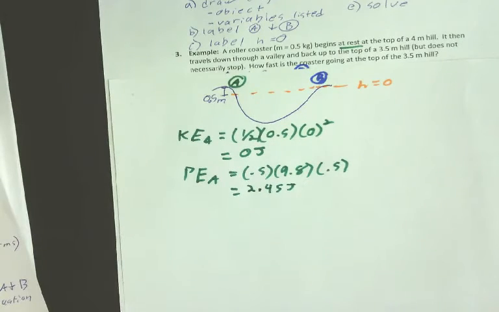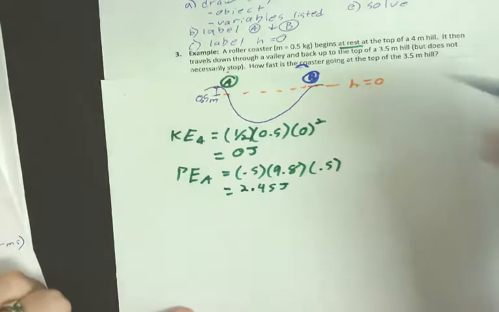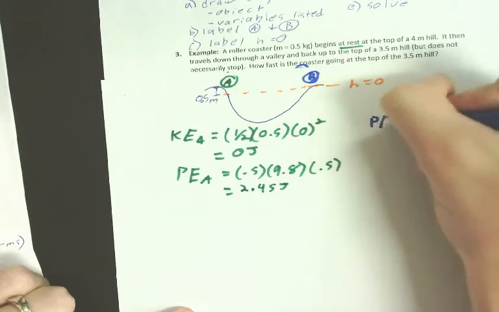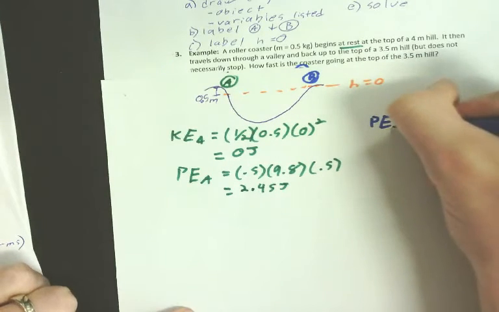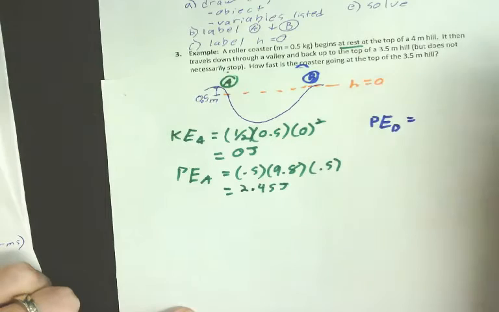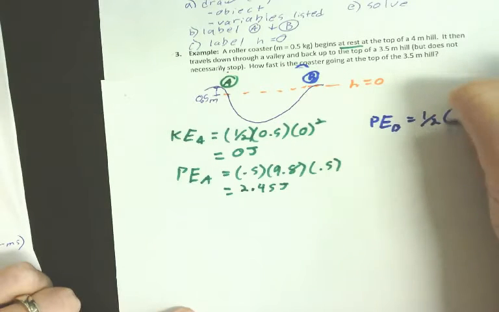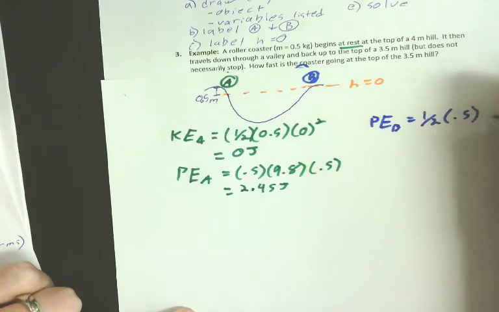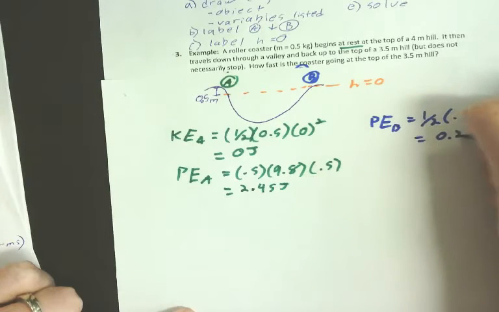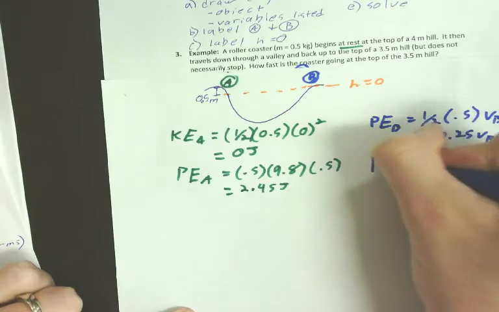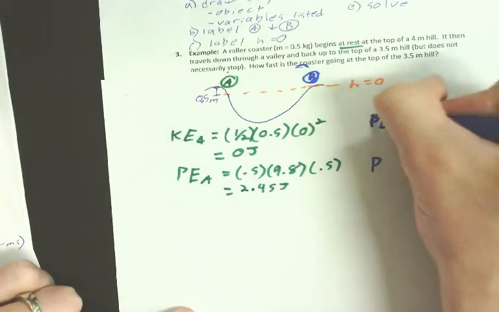Now we do the same thing for B. Okay? Kinetic at B has not changed. It's still 1/2 mv squared. We still don't know what it is for the velocity, so 0.5. Sorry, my bad, I wrote the wrong thing.